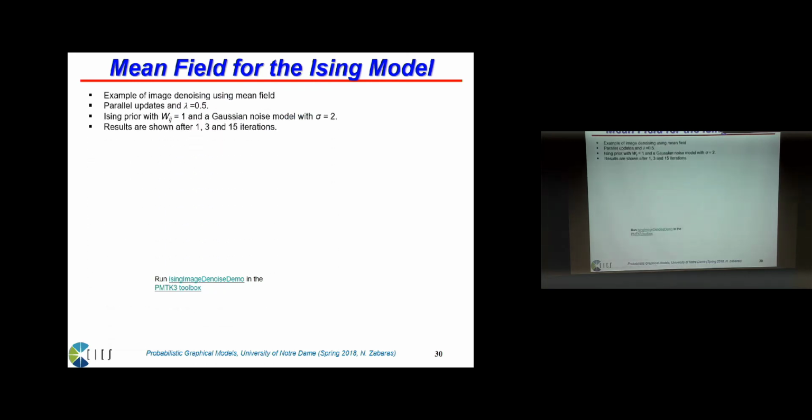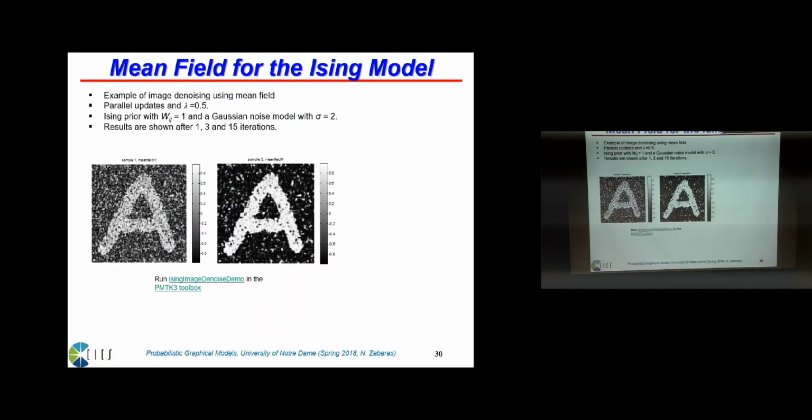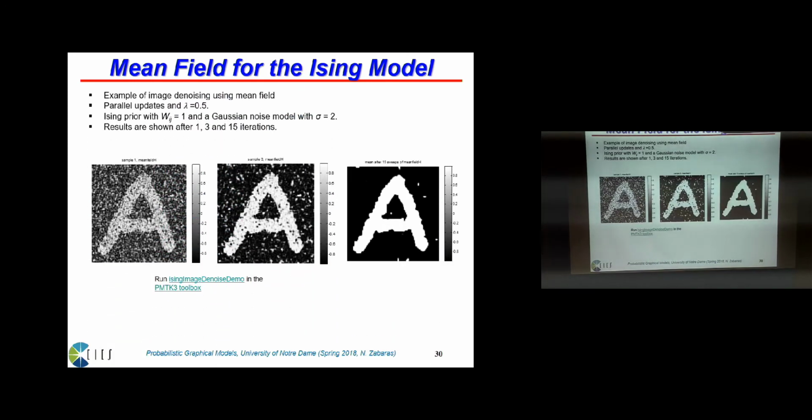All right, so I gave you an example, and you can run it. It's in Murphy's Toolbox. The only thing you have to do is once you install it, you just type the Ising image denoise demo, and it will get you all the results, and you can see the nice program, only 10 lines that can solve this little problem, okay? So effectively you start with a noisy image.